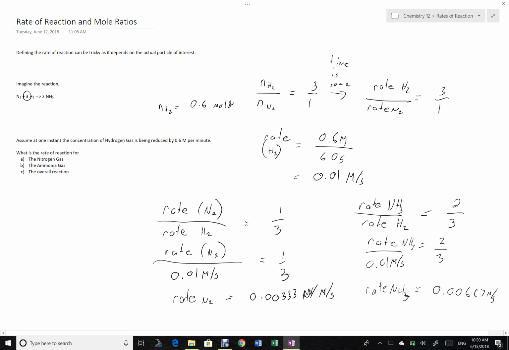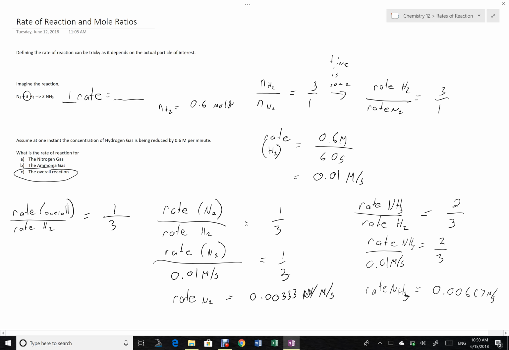If I'm interested in the overall reaction, what I assume is if I wanted to write my rate off to the side, rate equals blah, and I don't want it to be associated with any one species, I would have to imagine that I have a coefficient of 1 sitting on that rate. So if I want to do hydrogen gas to overall reaction rate, then I would just put in a 1 for the overall reaction rate's coefficient when setting up my mole ratio.